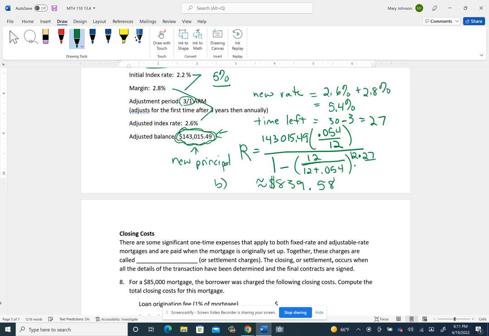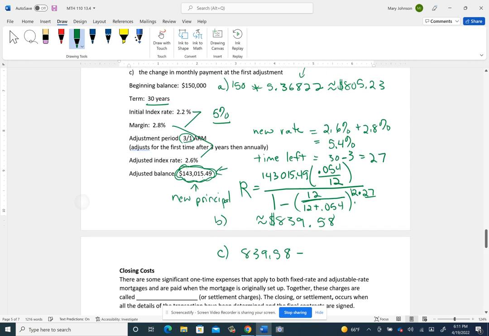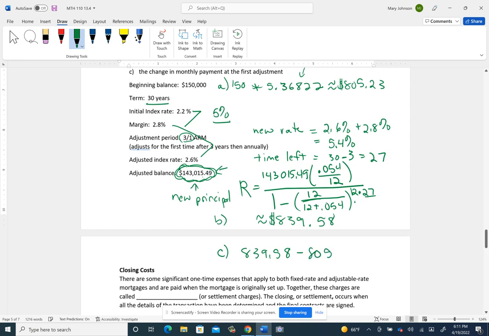That's B. Then C says, okay, so what happened? Well, our new one is this, and our old one was $805.23. So that means our new payment is $34.35 more than the old one.